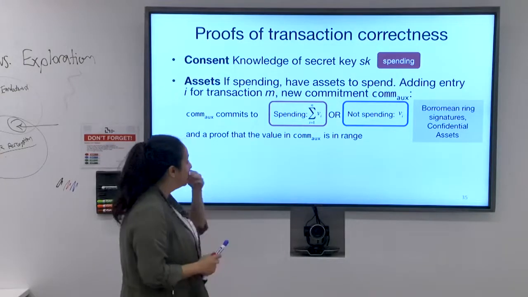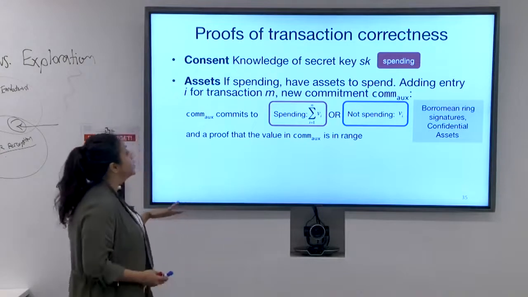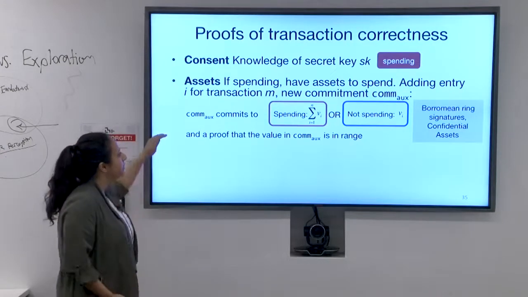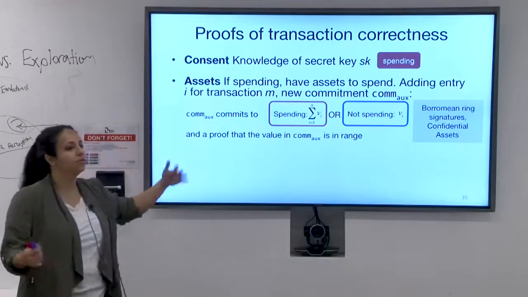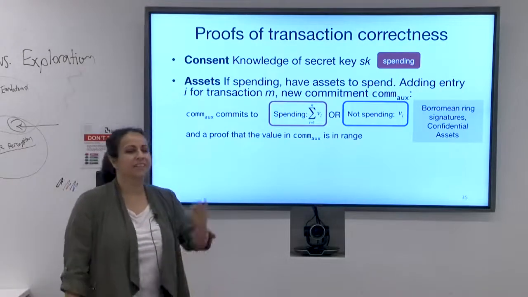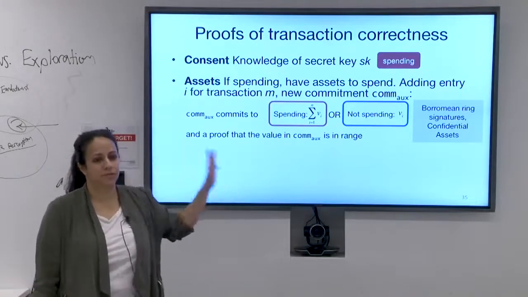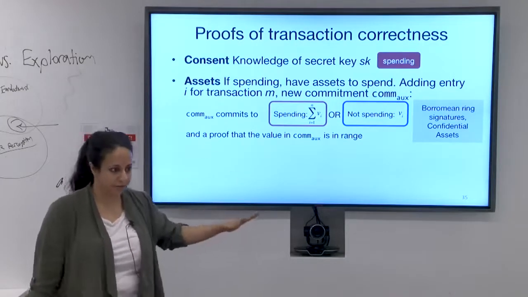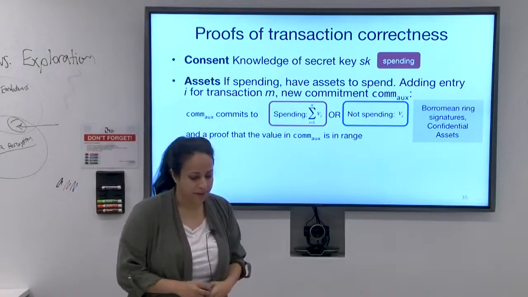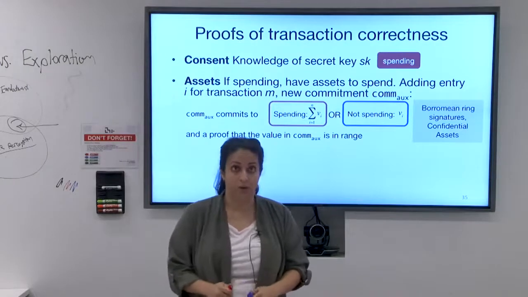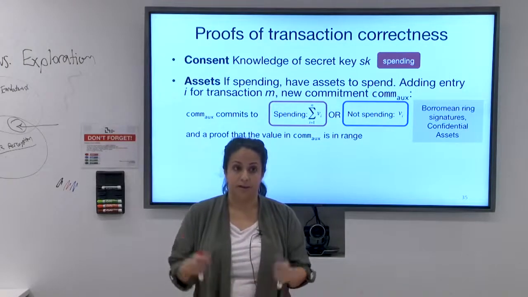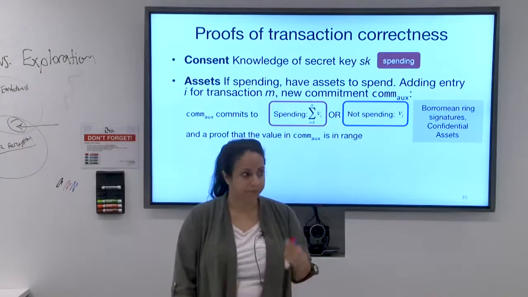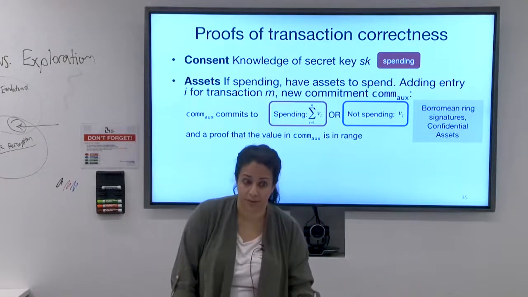As you'll see in the evaluation, this sounds like such a silly little thing. Oh yeah, also prove that the value's in range. This is like 90% of all of the space and work in ZkLedger. These range proofs are like the bane of our existence. They take up a lot of space, they're very slow to create and verify, but they're necessary. So making them faster is a really amazing thing.